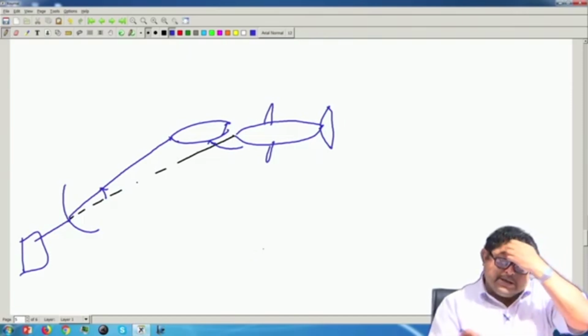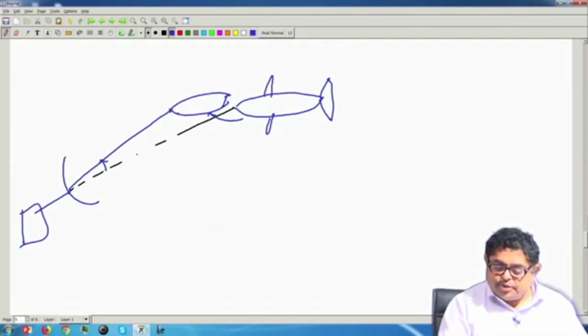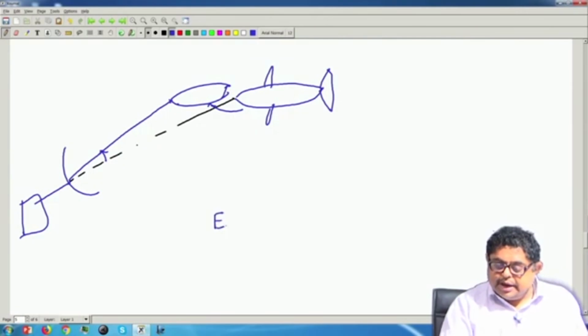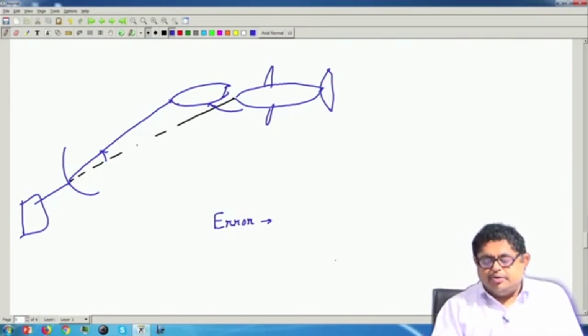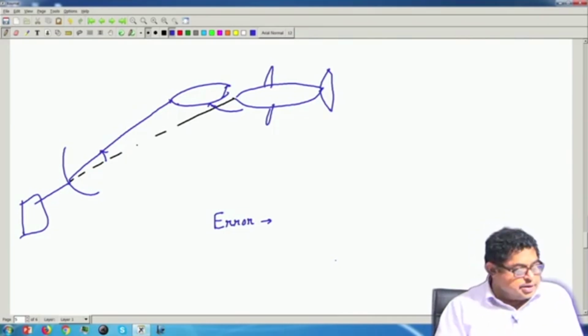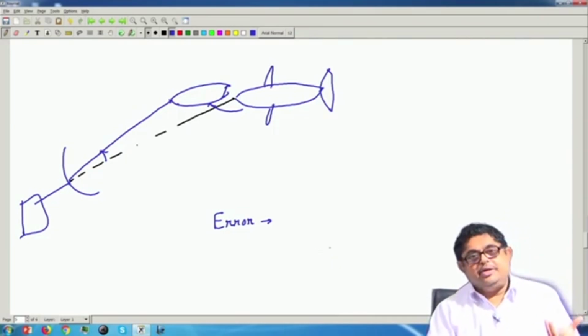Now, this error signal needs to be produced, which will give the moving target's track information, and accordingly the antenna should rotate the beam, either by mechanical rotation or the beam should rotate electronically.